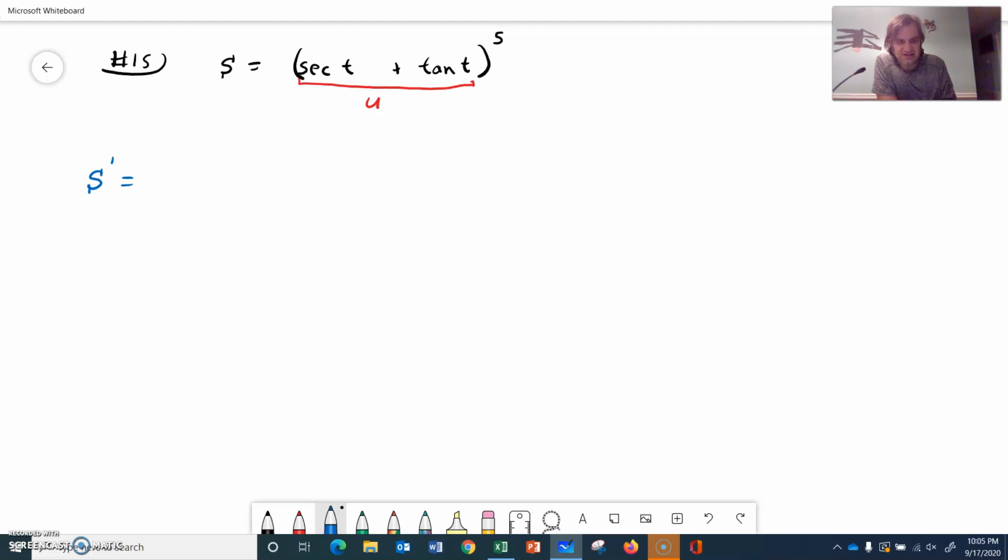At first, as I carry out the power rule, I've got something raised to the 5th, so the 5 will come out front. The exponent will be reduced down to the 4th. And I'm going to put my original u back inside, and it'll be times the derivative of u, whatever that is. So putting my original u back in, secant t plus tangent t.